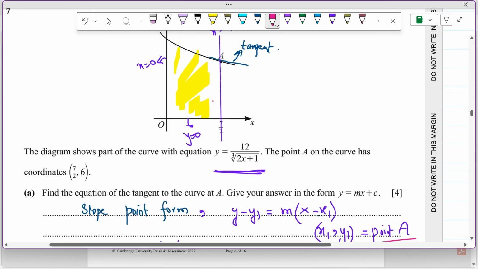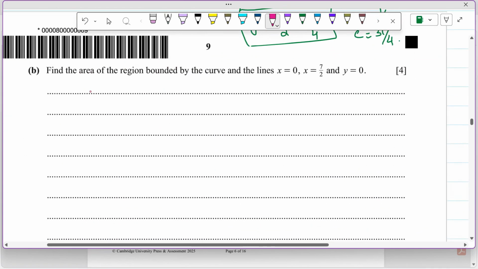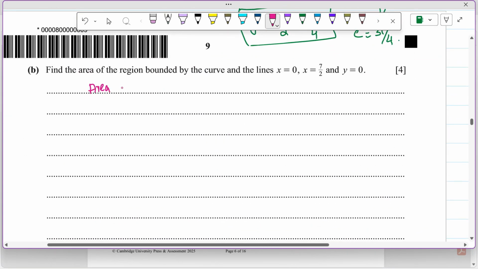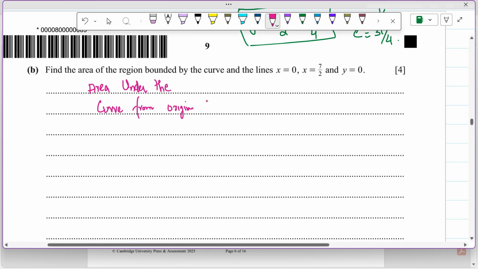So we need to find this area. And we know that this is the area under the curve from origin to x is equal to 7 by 2.